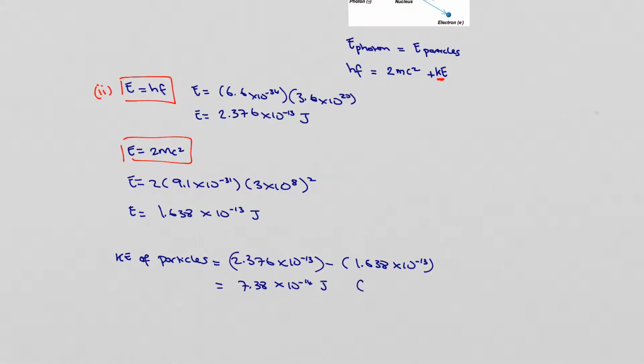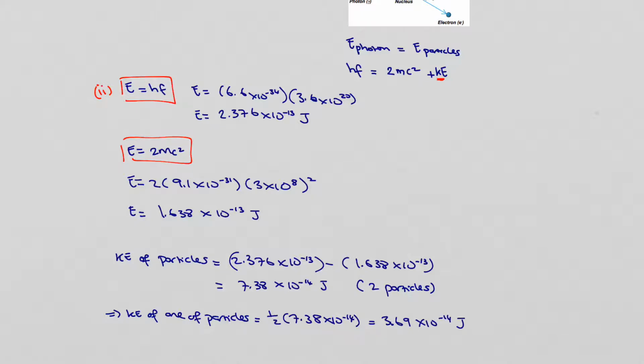So this is for the two particles, the particle and its antiparticle. Therefore the kinetic energy of one of the particles must be half of that value. Half of 7.38 by 10 to the power minus 14 is equal to 3.69 by 10 to the minus 14 joules.